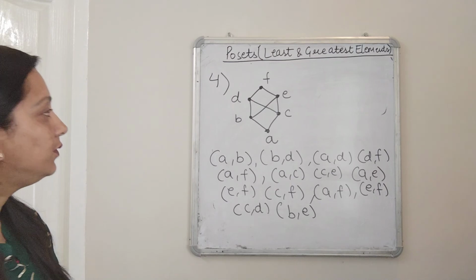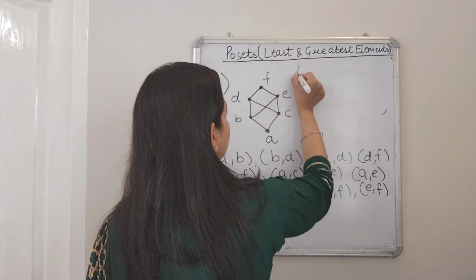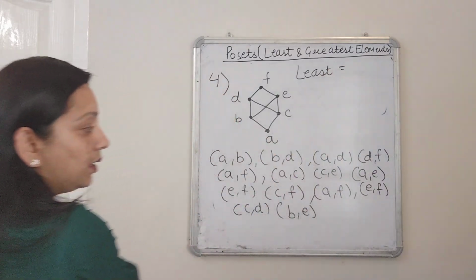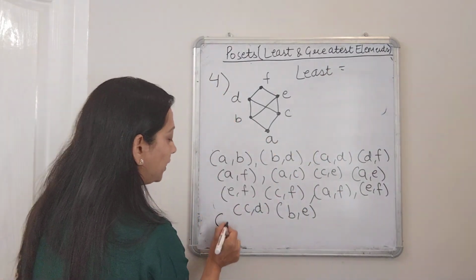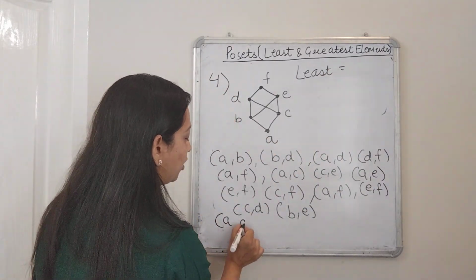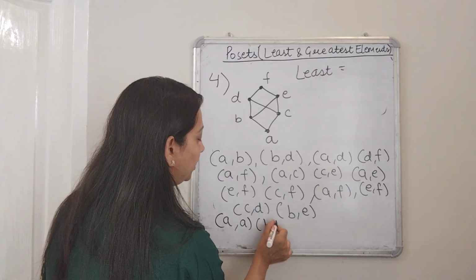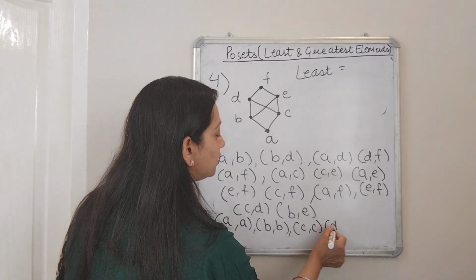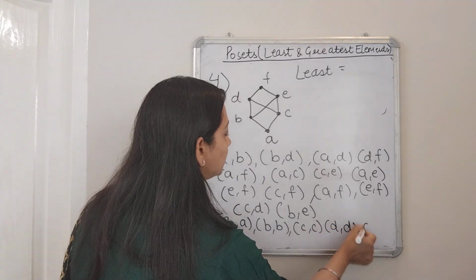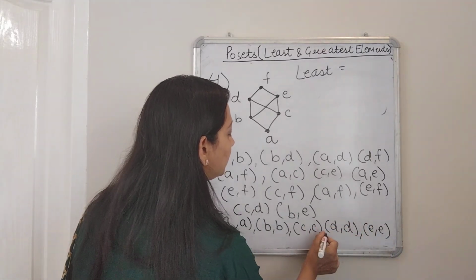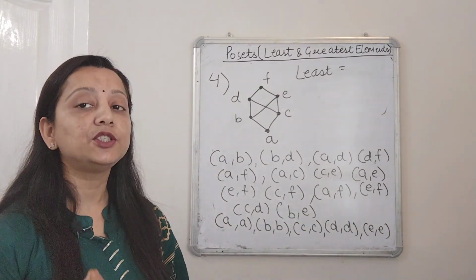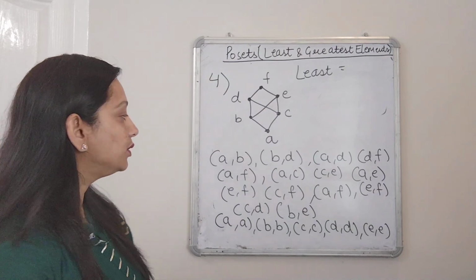Now let us see if there is any least and greatest element here. First of all, we will try to find the least element here. Of course, again we will not forget the reflexive pairing, that is AA, BB, CC, DD, EE and FF. Okay, so let's see if there is any such element which is related to all elements of the set.